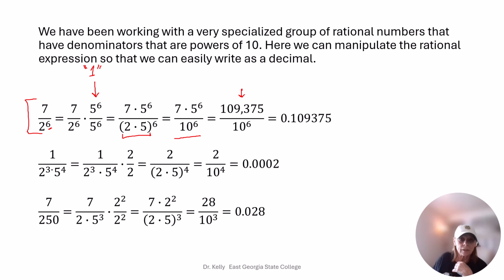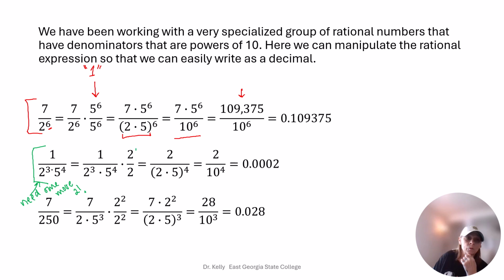Okay, let's look at the next one here. Now this one is already given to us with 2's and with 5's, but they're not the same. Remember that the rule is that they have to be the same to be able to put them together. And so what we're missing is we need one more 2. We have 3 and we need 4.